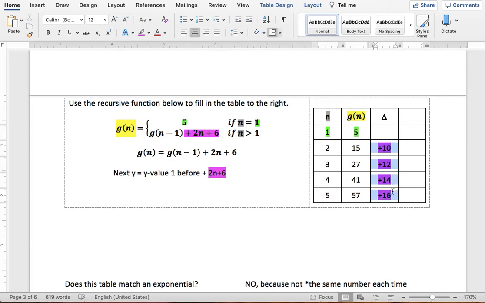This is always going to end up being a linear equation for your red column if the table matches a quadratic. But yeah, you move it down one spot, make the equation for the line that uses this as your sort of y and this sort of as your x. And there you go.